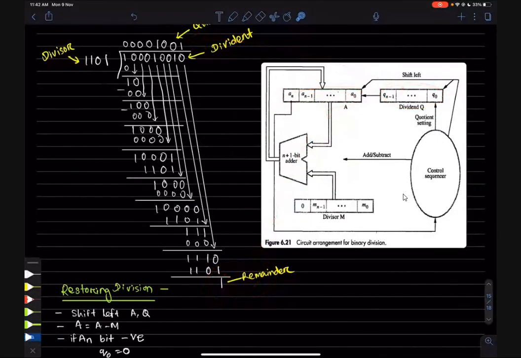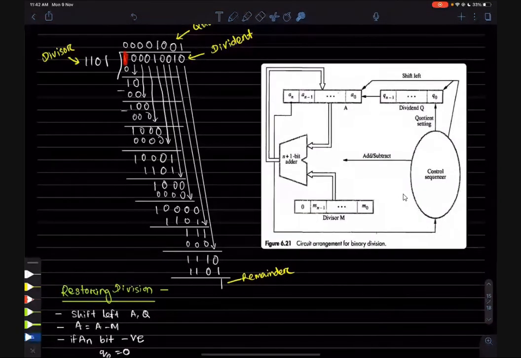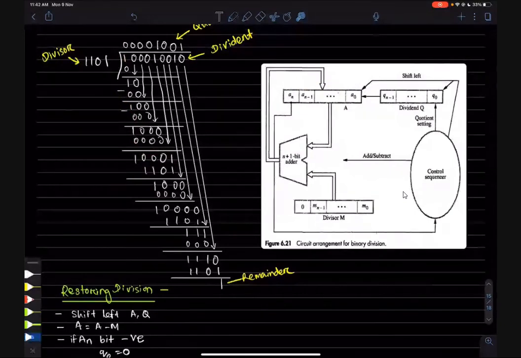So restoring division means what? Whenever we cannot do the minus operation, 1 minus 1101, we have to restore the value of A, because we are storing that result to A. In step number 1, cycle number 1, when we do a left shift, the first value will come to the end of this array.